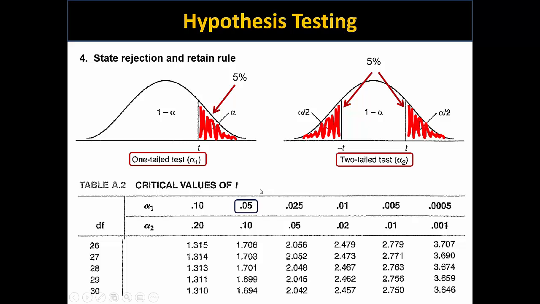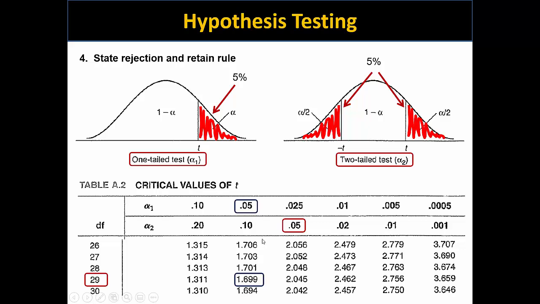In going to the critical t-values, we'll take a look at the one-tailed degrees of freedom and the critical value. So at a 0.05, that's if we go with the one-tailed approach, we look up the degrees of freedom, we calculated a 29, and we see that we have a critical value of 1.699.